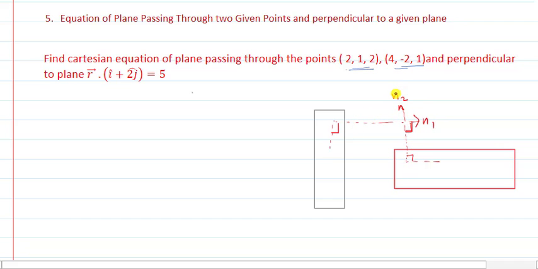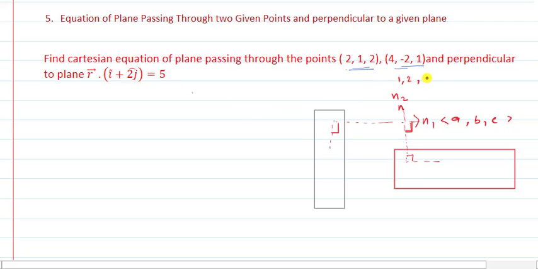And what does it mean? It means the dot product of the normal to the required plane and the normal to the given plane will be 0, and this will help us to find the second equation in terms of ABC. Let me suppose the required plane's normal is N1, then it has ABC as the direction ratios of its normal, and for the second plane, which is given to us, we are given the direction ratios of its normal, and these are 1, 2 and 0.